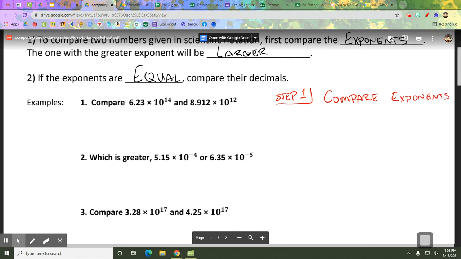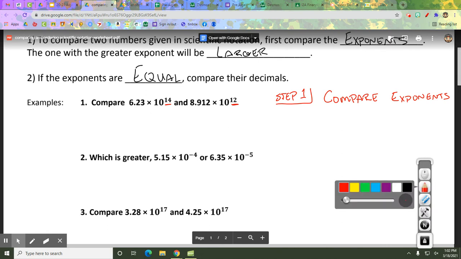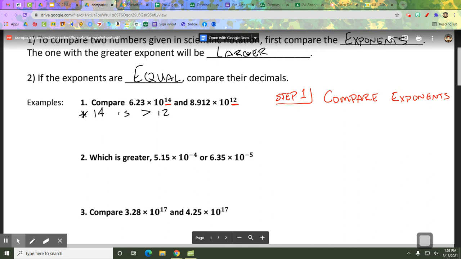So I look at their exponents. 12, this is raised to the 14th power. So just by looking at those, the 12 and the 14, which one is larger? The 14. All right. I guess I'll write it like a note. See, 14 is greater than 12.